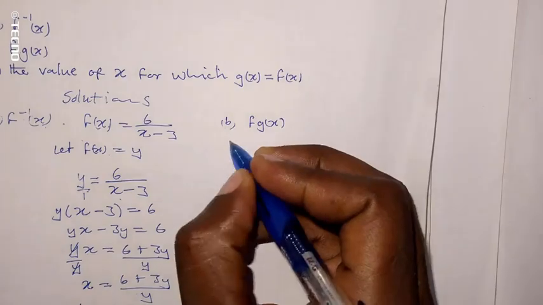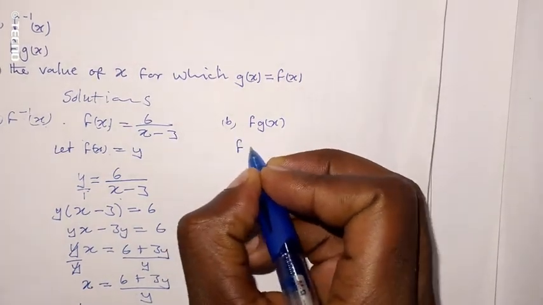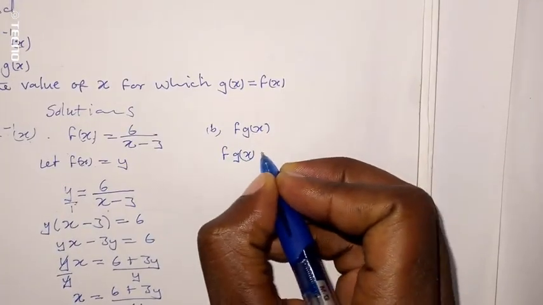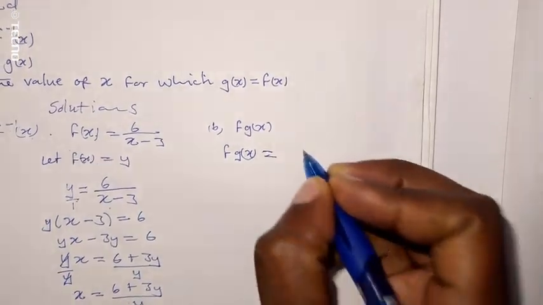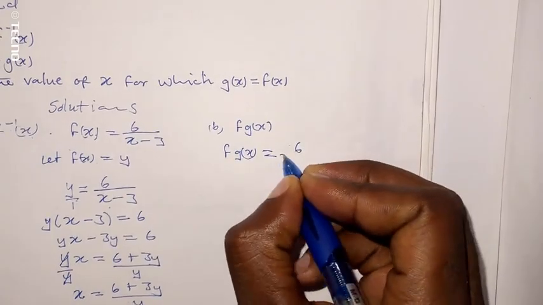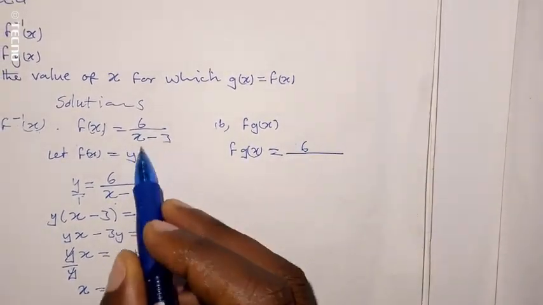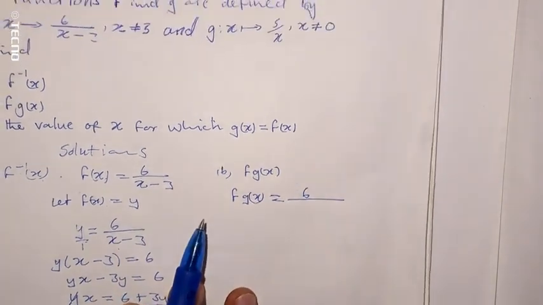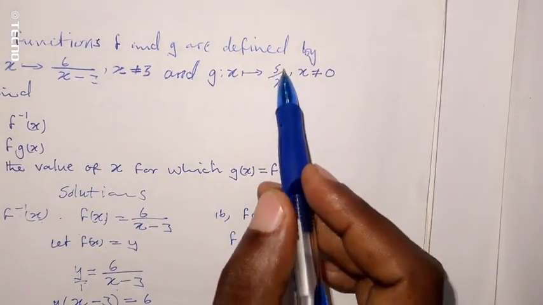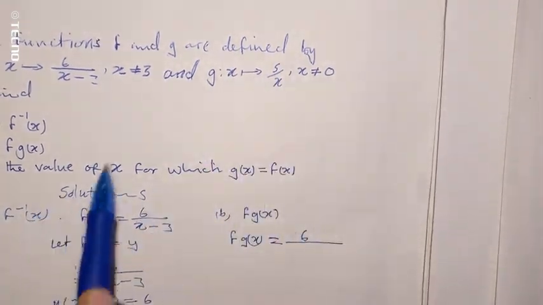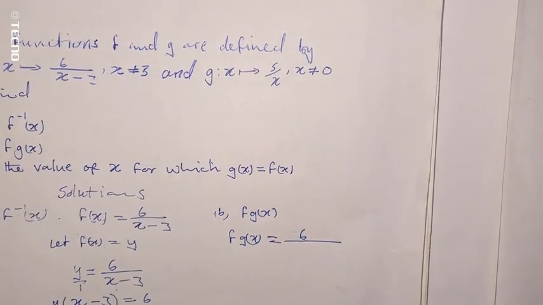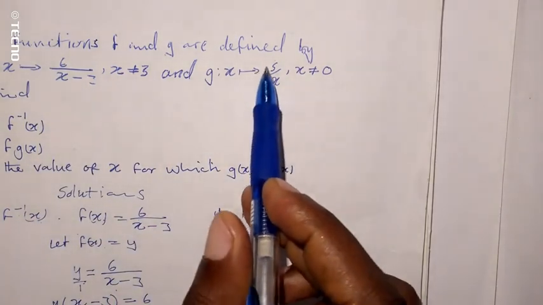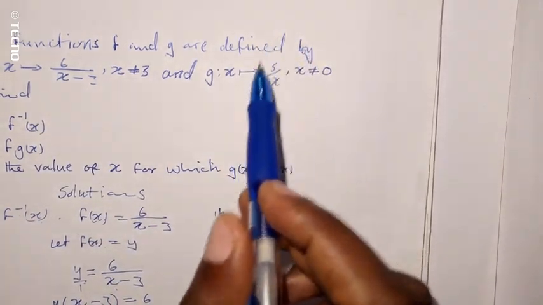So f g x is equal to 6 over, then where there is x, that's where we replace this function of g.